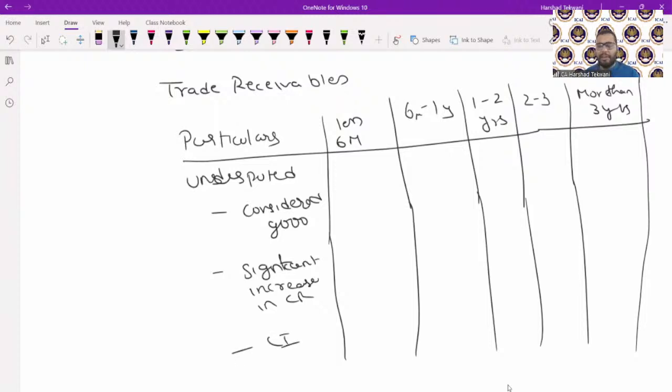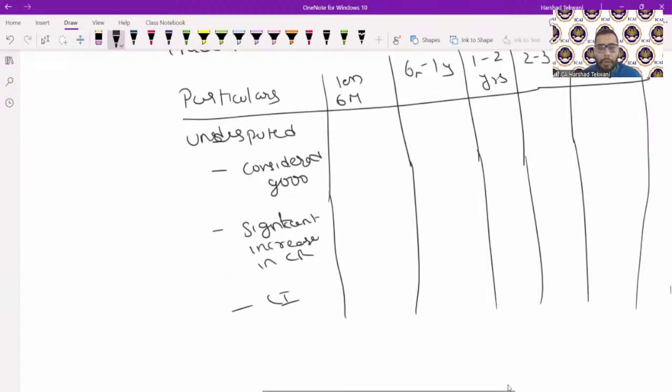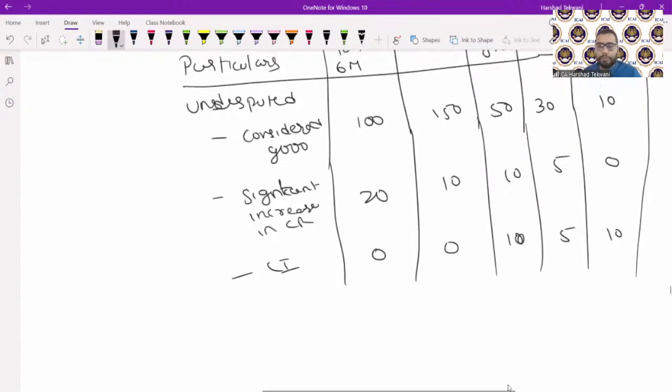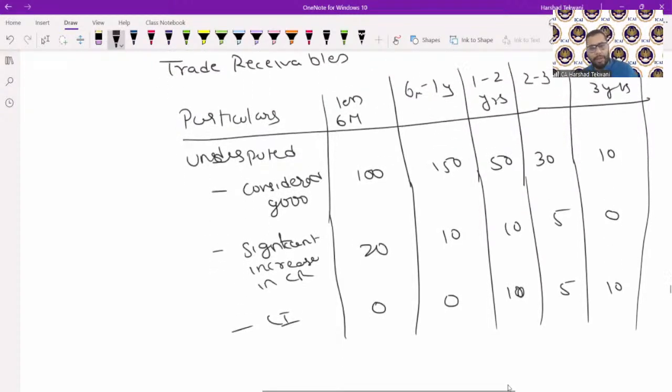Let's say these are the 3 bifurcations for undisputed. There is nothing disputed. As of now there is nothing disclosed on the disputed part. Let's say 100, then 150, then 50. This is a hypothetical example I'm talking about, just to explain the concept. Then 20, 10, 10, 5, 0, 0, 0, 10, 5, 10. Now this is the scenario. This is how they have disclosed it.